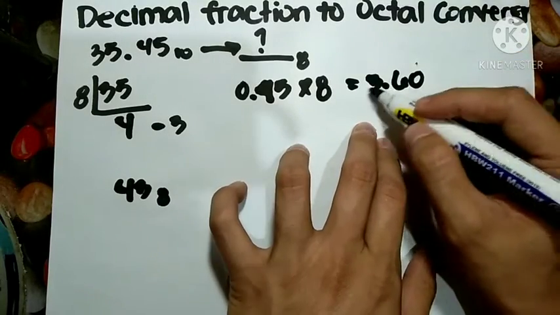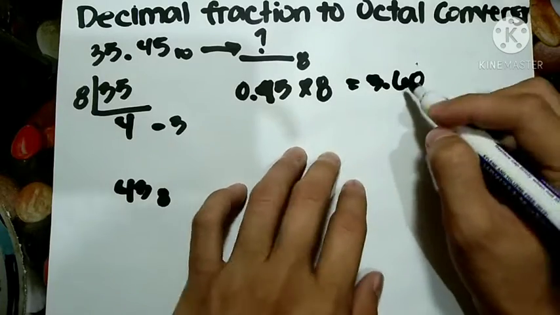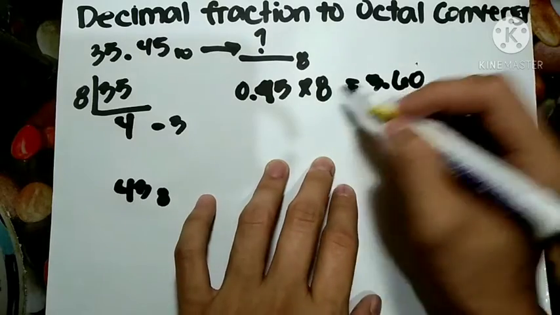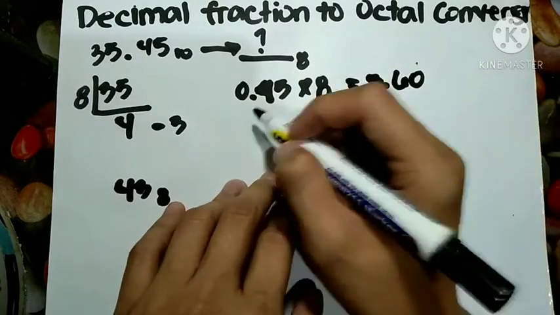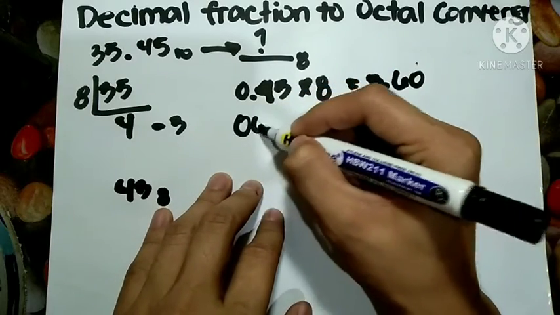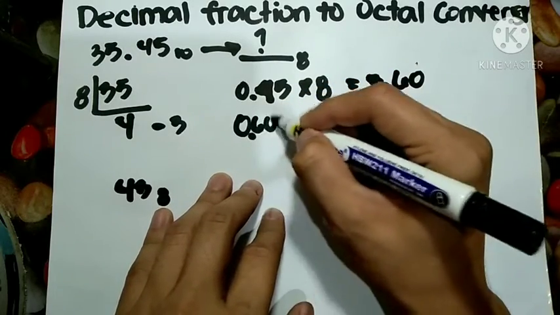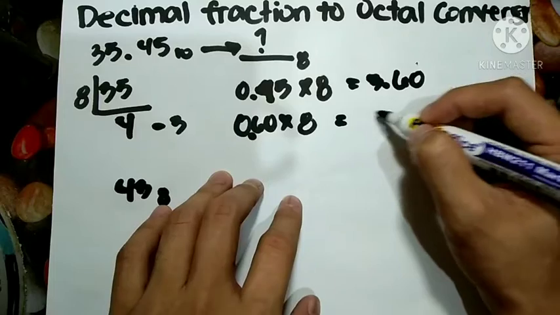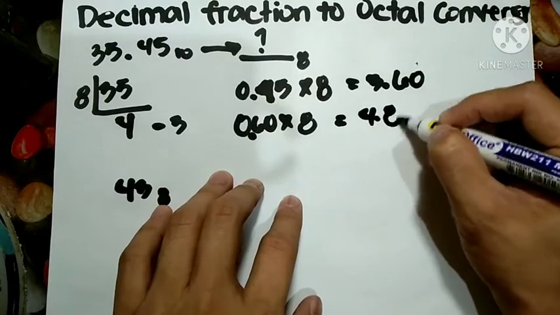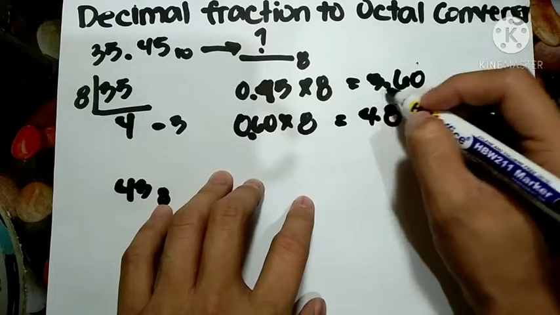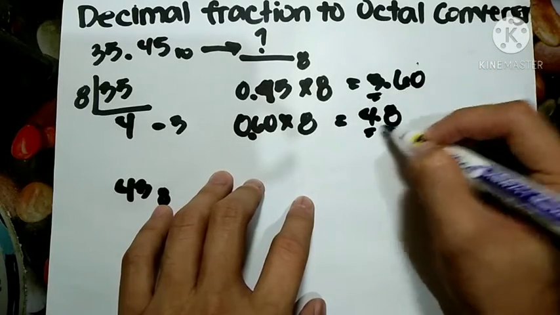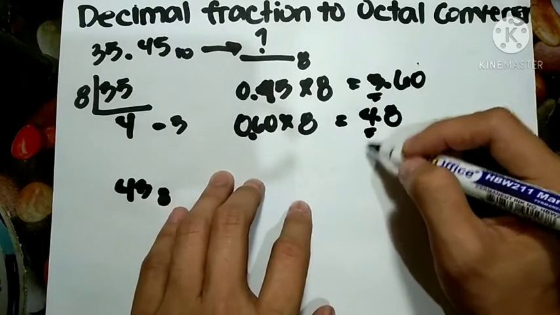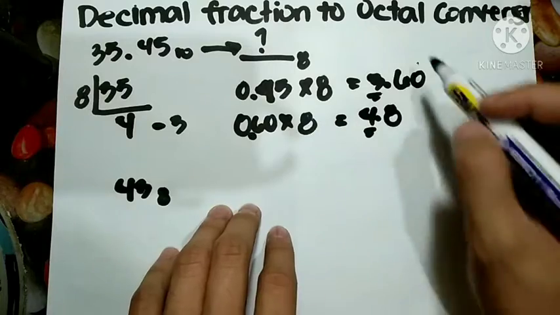We need to separate the whole number from the fraction, and again we will multiply only the fraction by 8. 0.60 times 8 is equal to 4.8. We need to remember this whole number because this will be our answer, or the fraction part of our octal conversion.